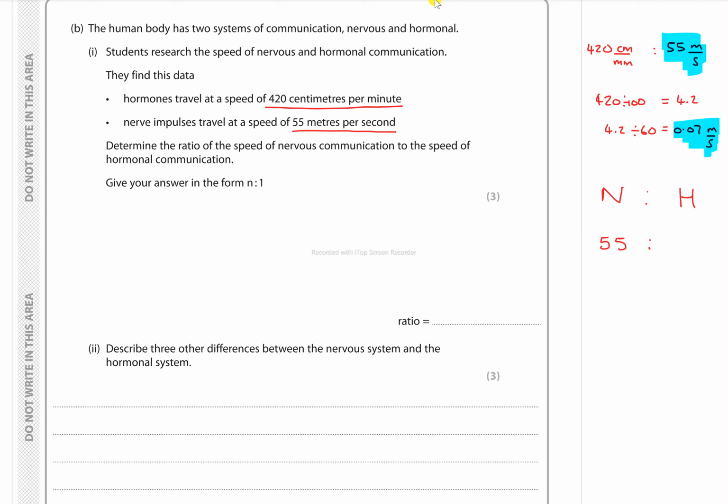I wrote it the wrong way around last time, that's why I'm re-recording this. 55 to 0.07, and then we need this to be 1, so we divide by 0.07 and we get 1, and we divide this by 0.07 and we get 786.1.